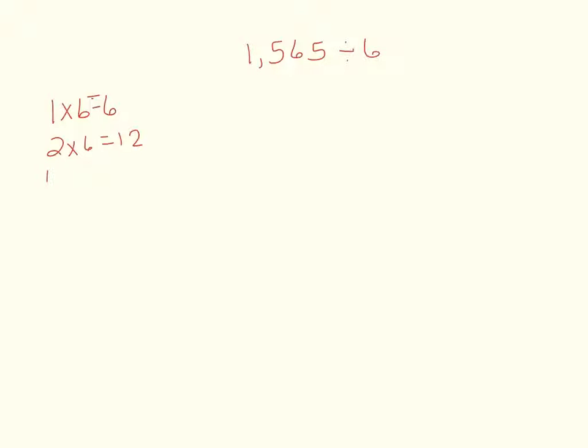We're going to look at 10 groups of 6, which gives us 60. Then we're going to look at 20 groups of 6, which gives us 120. We're going to look at 100 groups of 6, which gives me 600.